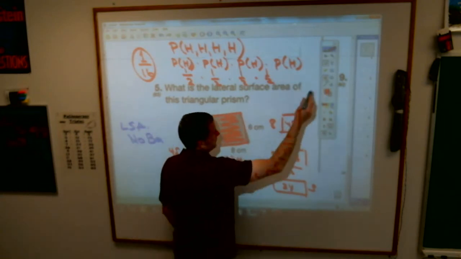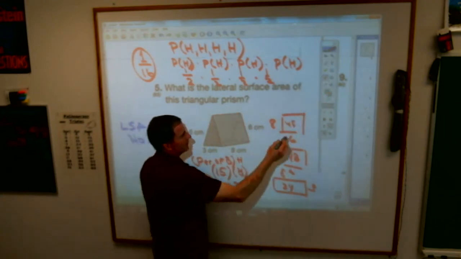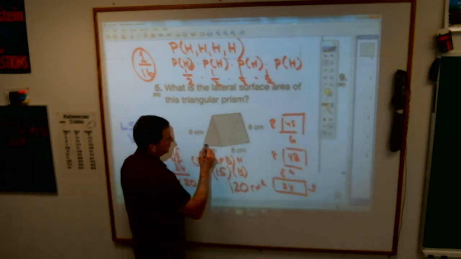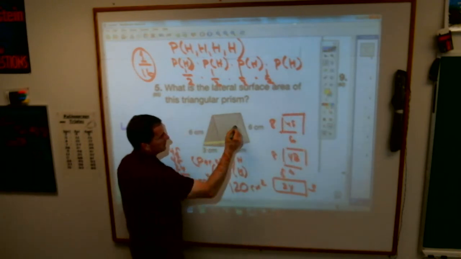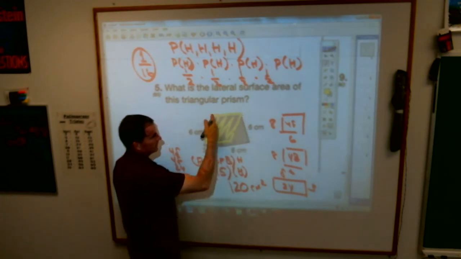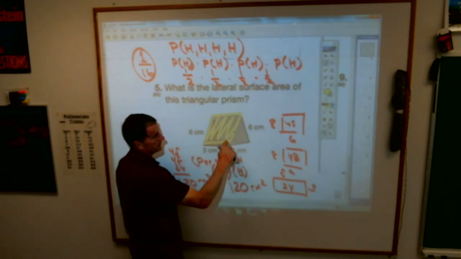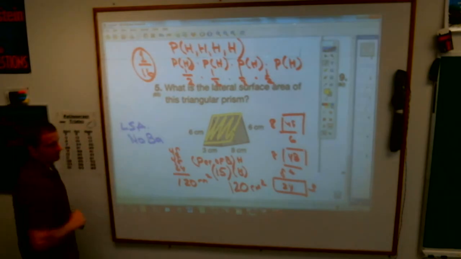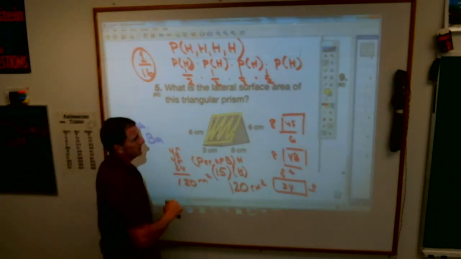I'm going to get rid of that one because we already did that one. Now I'm going to do this one back here. What are the dimensions of this one right here with the dashed lines that you can't see? How far is it from here to here? 6. How far is it from here to here? 8. There are 2 of them that are 6 by 8. That's the second one.